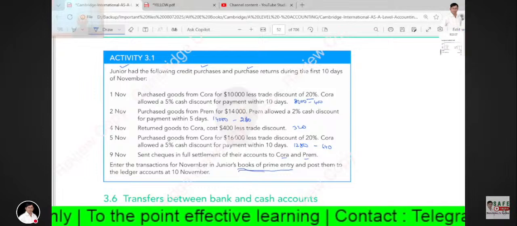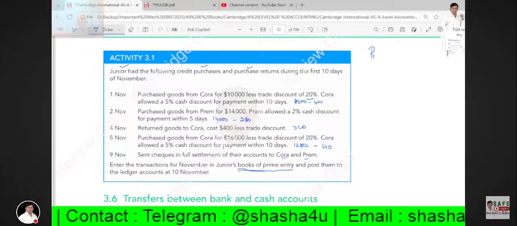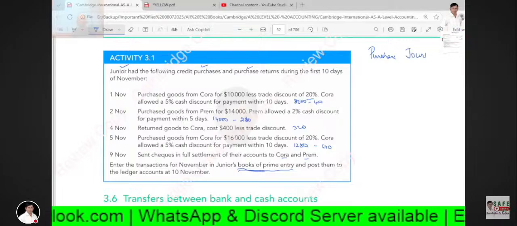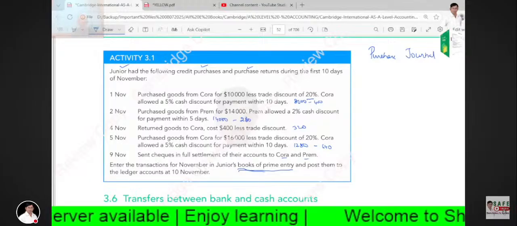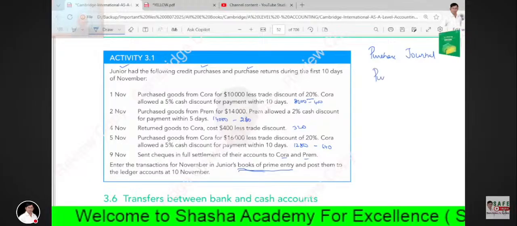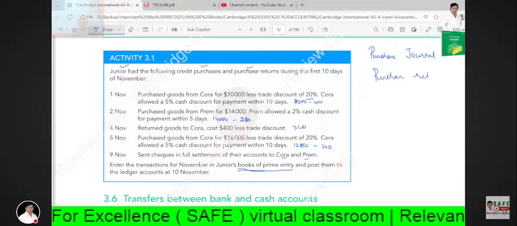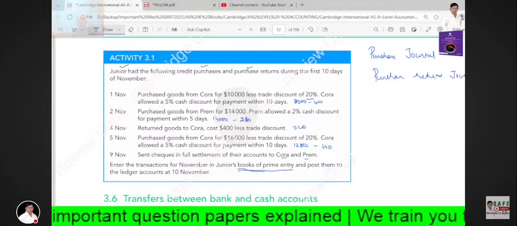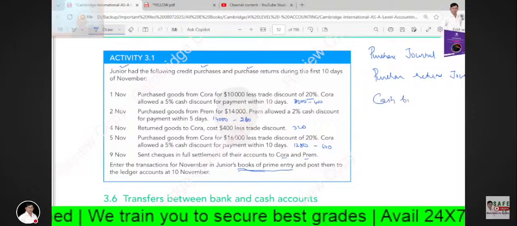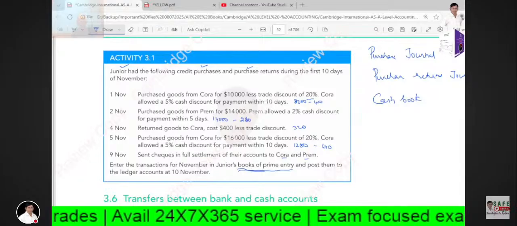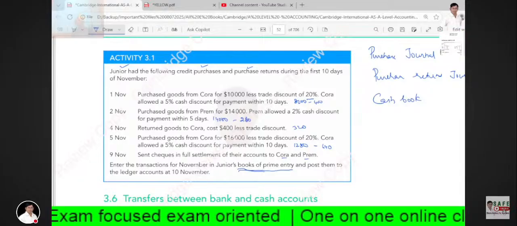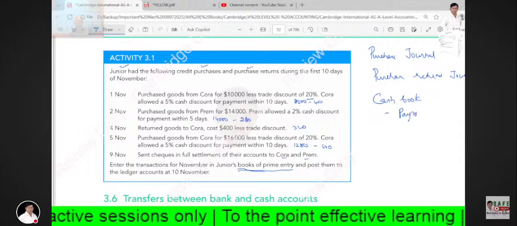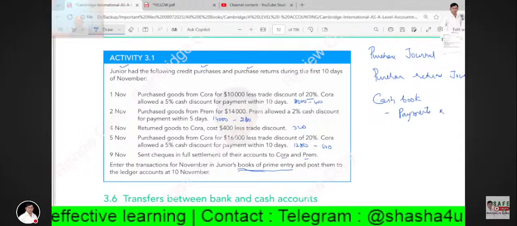The purchase journal, to record all individual purchases; the purchase returns journal, to record all purchase returns; and the cash book, to record cash payments and cash discount.